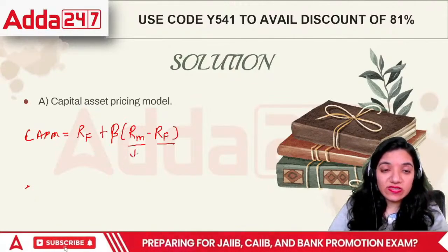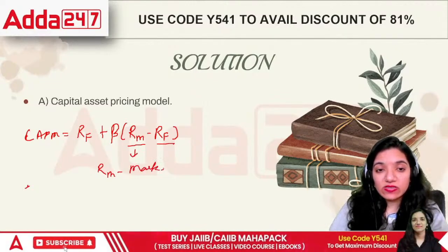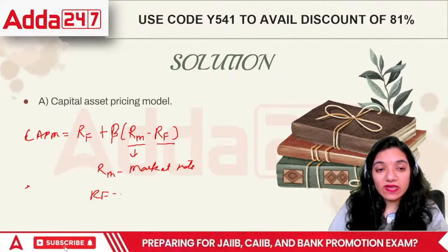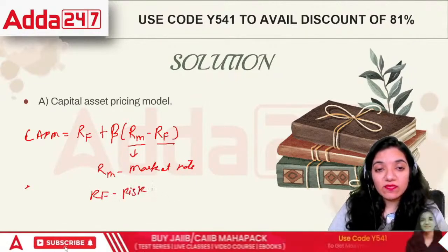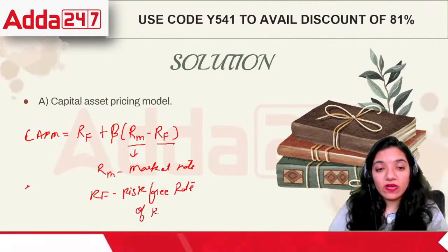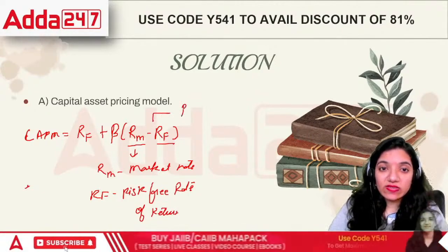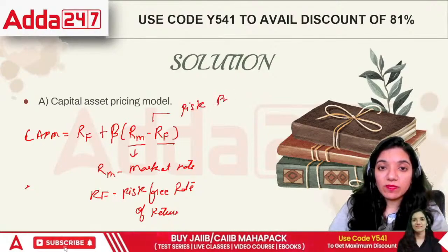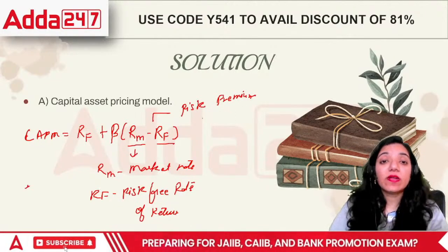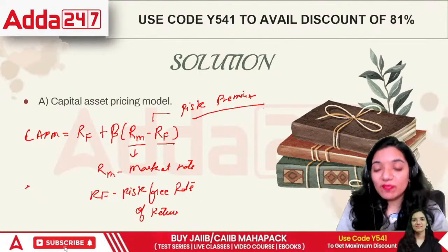This RM is the market rate, and RF is the risk-free rate of return. This is called the risk premium. Right? So this is the CAPM model, also called capital asset pricing model.